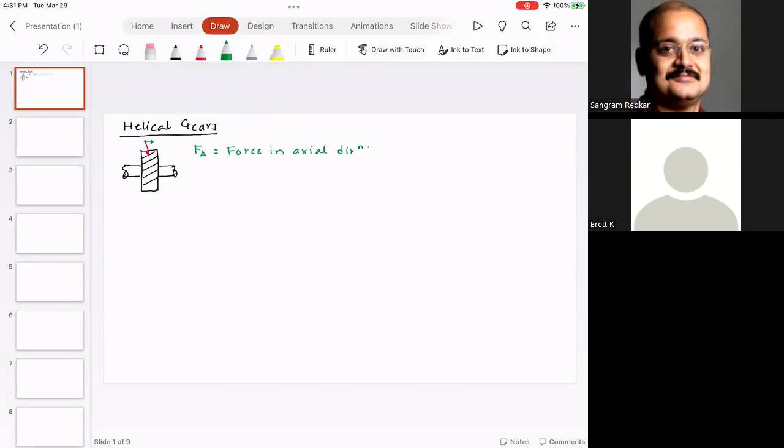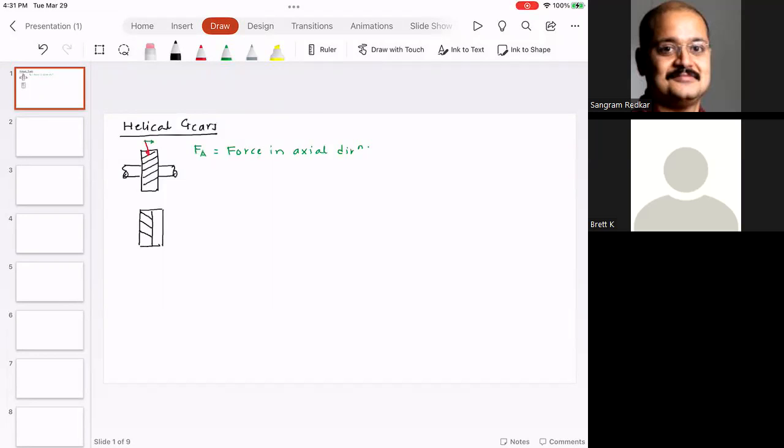Now to compensate for the force in the axial direction, what we do is we have something called herringbone or double helical gear. In the double helical gear, you have two helical gears, but they are cut opposite to each other.